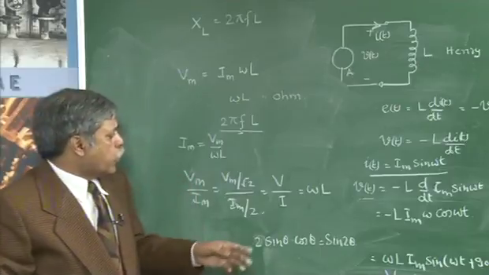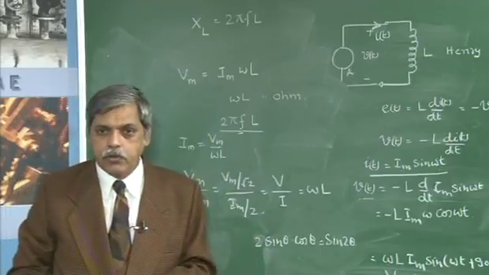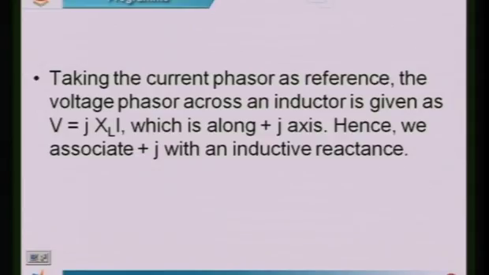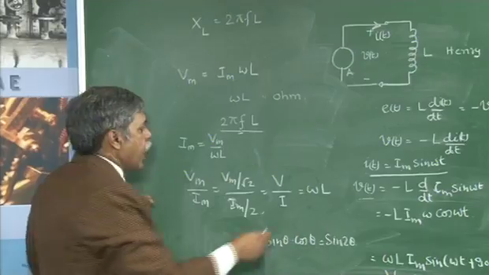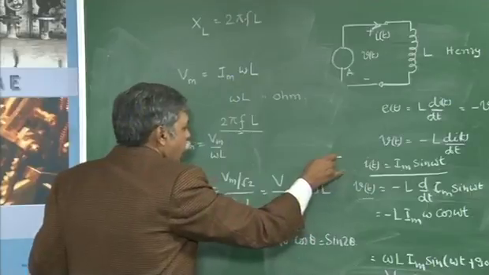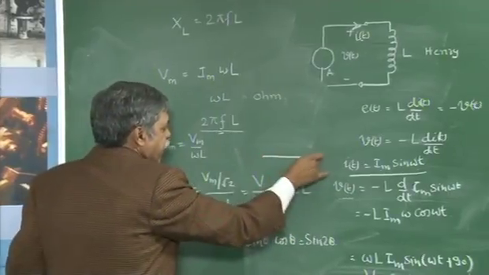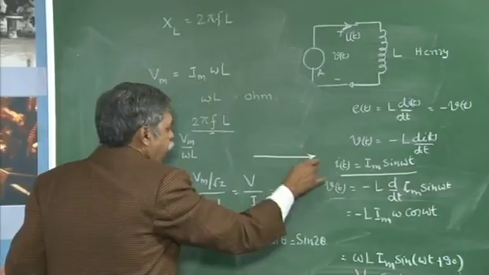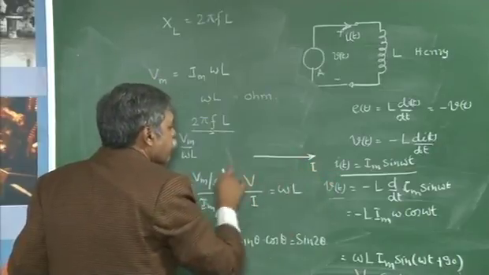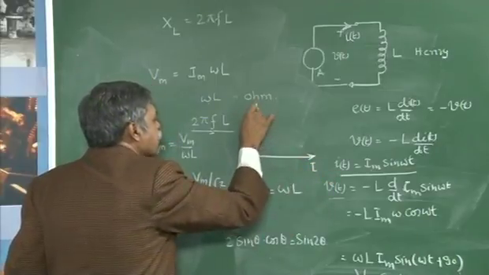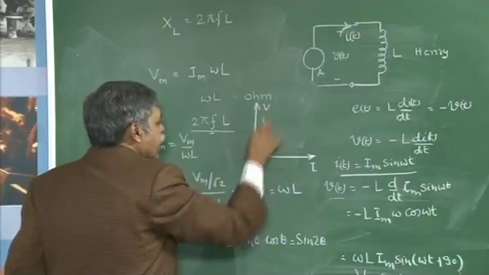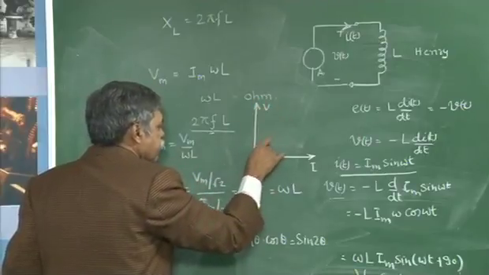Now I said, taking the current phasor as reference, the voltage phasor across the inductance is given by, as I just told you, in drawing the phasor diagram for the inductor, in the beginning I have taken current as a reference, and then the voltage V is leading the current by 90 degrees.